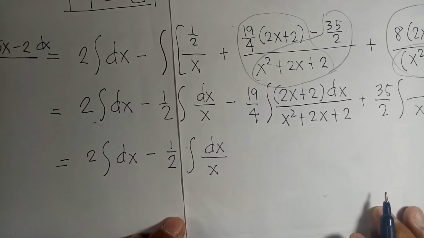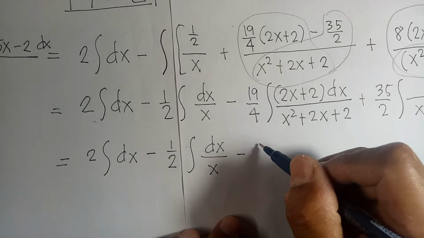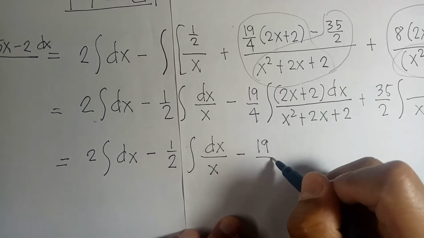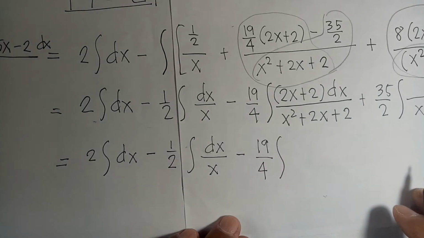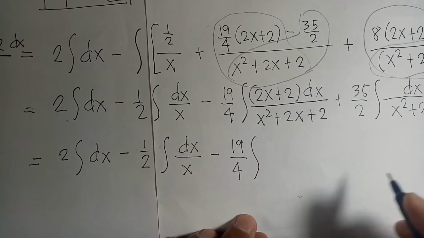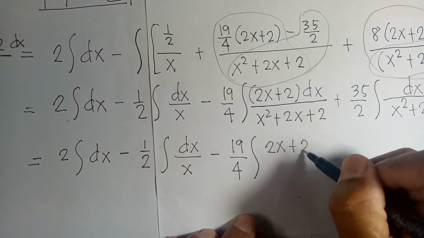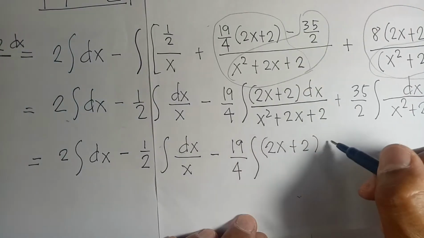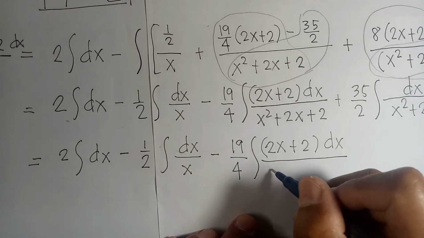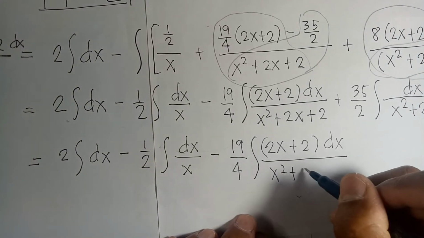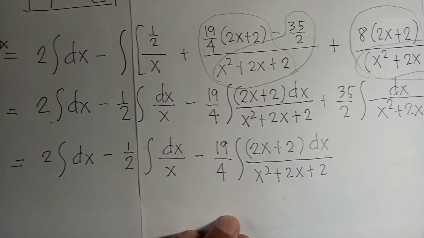And then minus 19 over 4 integral of 2x plus 2 dx divided by x squared plus 2x plus 2.